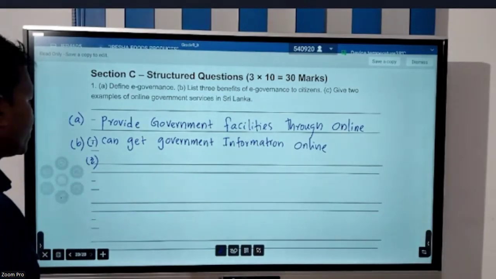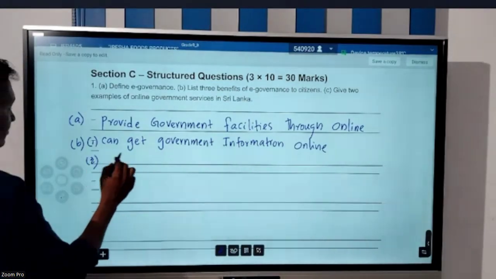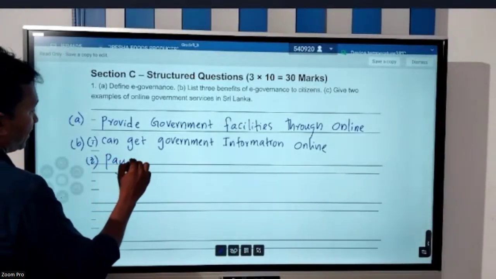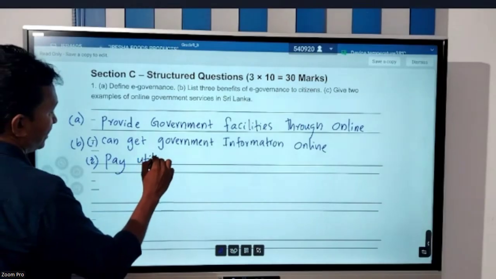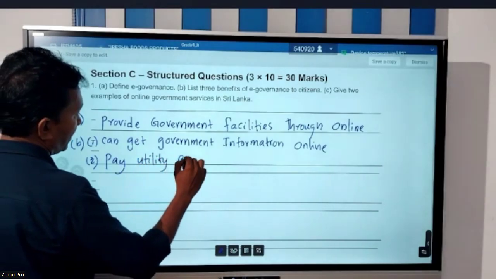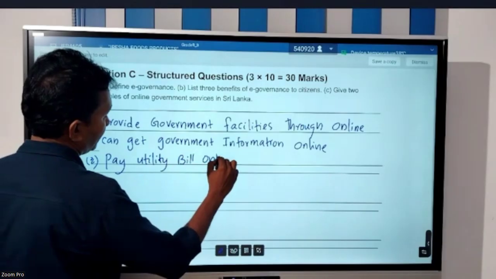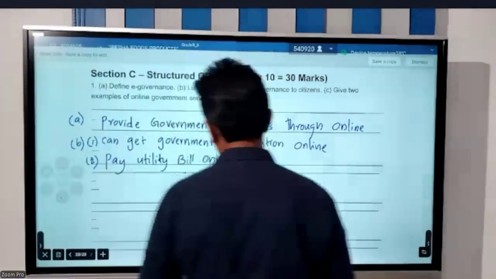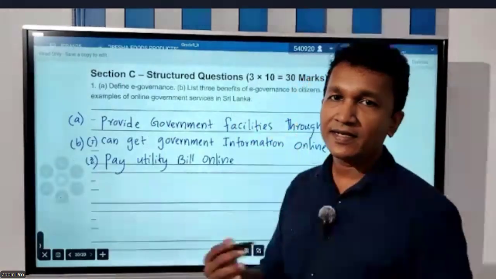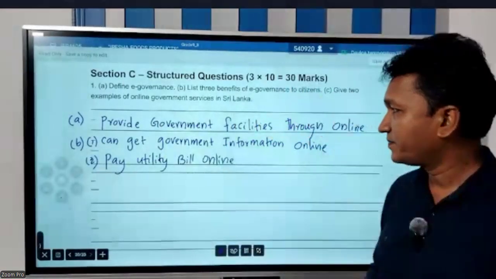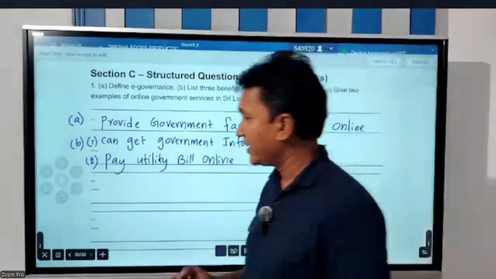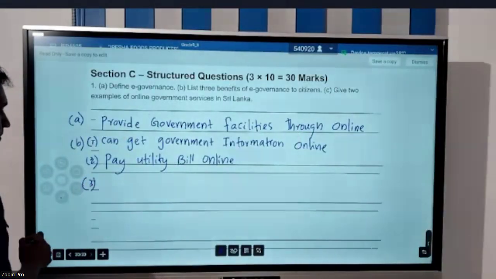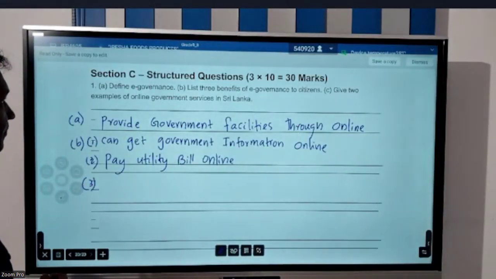Can get government information online. Pay utility bills online. That means we can go to the government site and pay our water bill and current bill online. That is also a service given by the government.